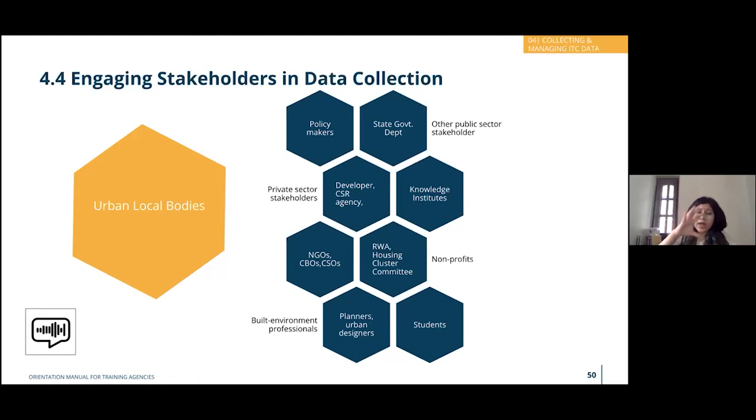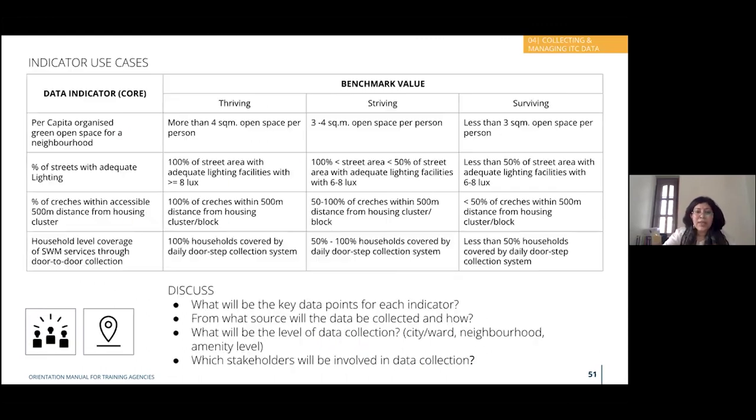So this is the last slide for this presentation, and we can again do this quick interactive exercise, because these are the kind of exercises that city governments will have to do. The idea here is we have some data indicators that we have identified based on the evaluation metrics, and then we also have the benchmark values. So we can discuss for each one of these: one, what is the data point, so what is the kind of data?